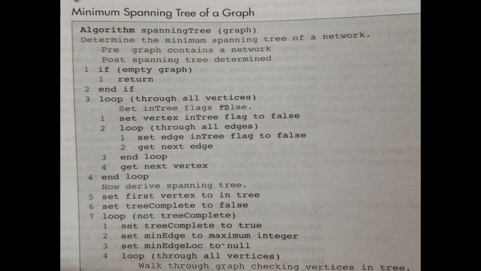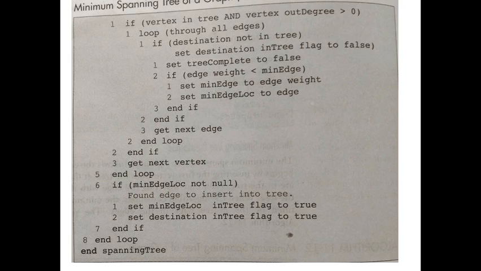This is the actual algorithm given in the textbook. It is just an expanded version of the same algorithm. It loops through all the vertices. You have to start this loop in order to commence the construction of the minimum spanning tree, and for each vertex you must choose a vertex and check whether its out degree is greater than 0, which means whether it has any vertex that is adjacent to it.